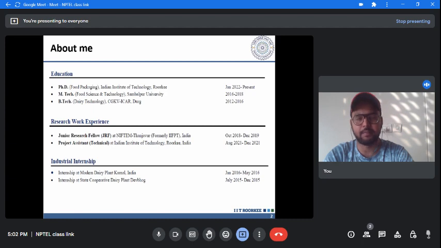After doing my MTech, I worked for 15 months as a junior research fellow in NIPHTEM, Thanjavur. Then after COVID, I joined as a project assistant technical at the present institute, IIT Roorkee, Department of Paper Technology.